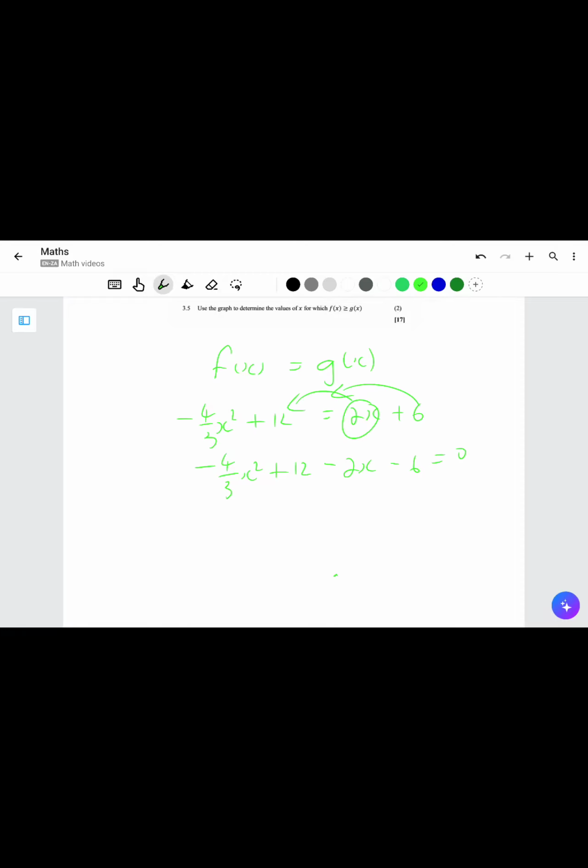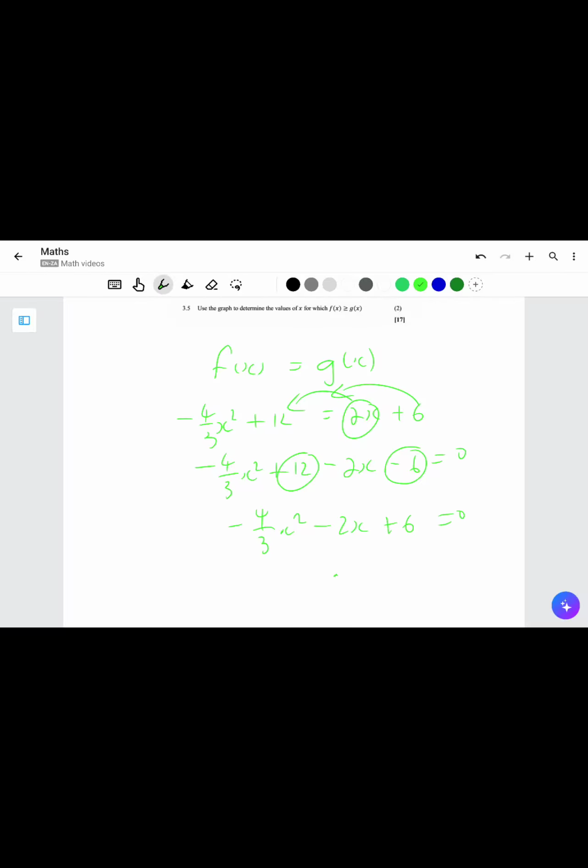Then if we do the math, 12 minus 6 is going to give me 6. So minus 4 over 3 x squared minus 2x plus 6 equals 0.